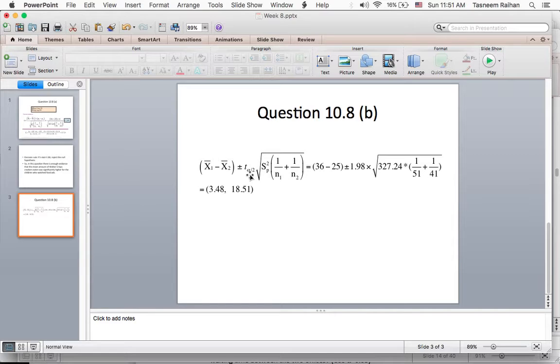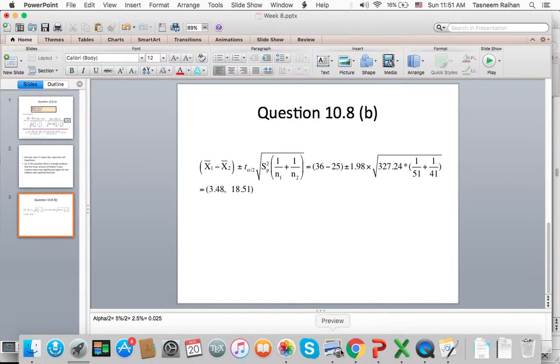So alpha over 2 has to be equal to 0.025, because 5% divided by 2 is 2.5%, which is 0.025.